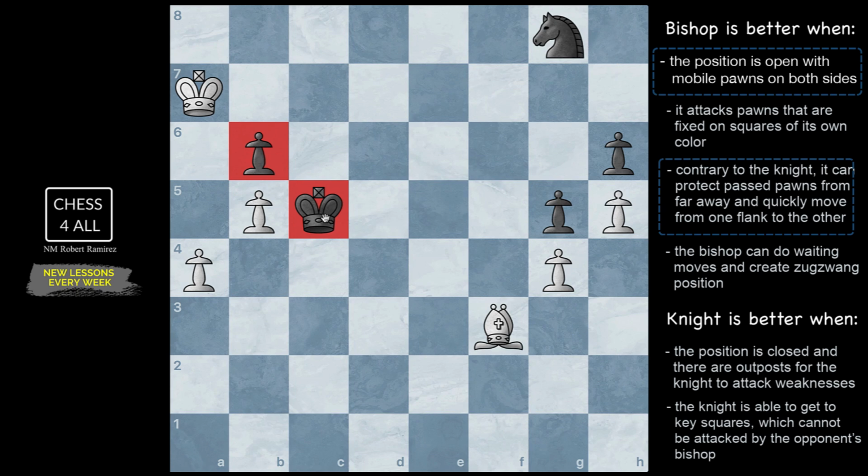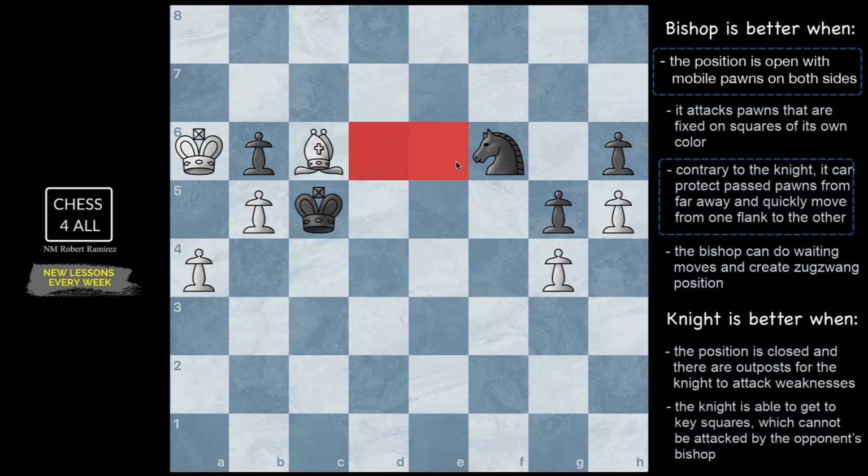So that king is tied up to the defense of that pawn. After they went king c5, we have king a6, knight f6, bishop c6. Look, 2 squares away from the knight. Guys, we're trying to just do a5 to get this guy out of the way, and we just promote.